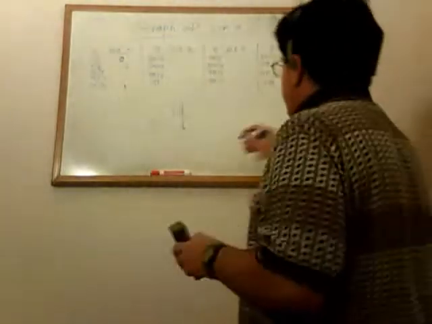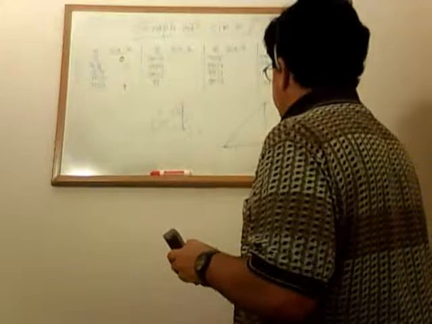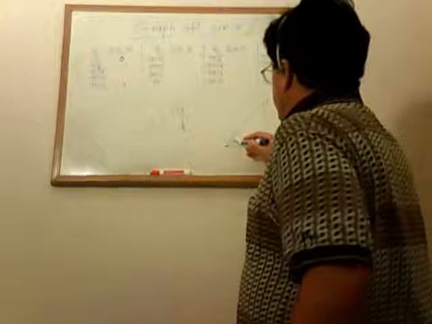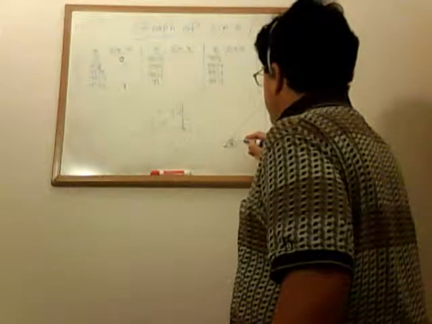To get sine of pi over 4, we look at a 45, 45, 90 right triangle, an isosceles right triangle. 45 degrees, remember, is the angle pi over 4.